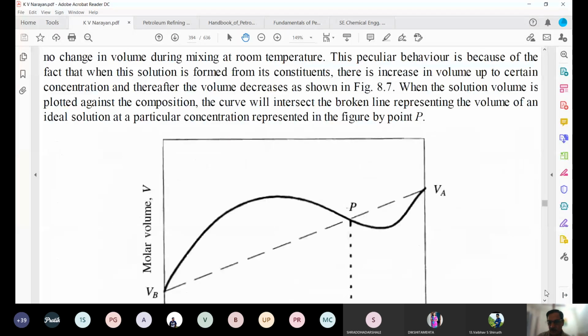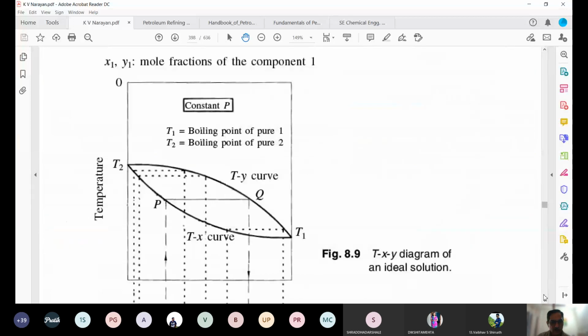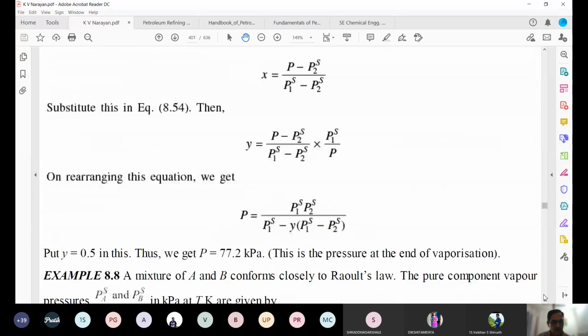So the next part, which generally nobody asks, is a third way, another way of doing the same problem, so that you understand. Hello sir. You are not audible.